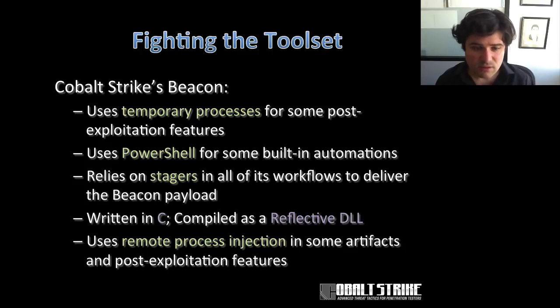Here's the thing, though. Let's say remote process injection is off the table completely. All right? What's your alternative? Well, your alternative is to upload the assembly to the target and run it. So you can achieve the same end with process injection or without it. Okay?